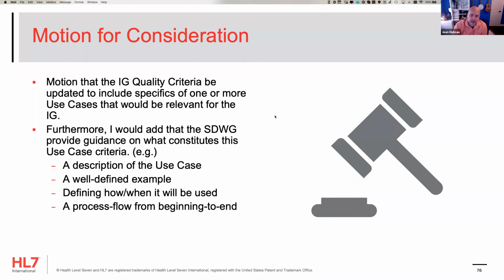So having that in the CDA implementation guides, as Andrew very well articulated in his presentation so far, would be quite helpful to people to understand what this guide's about, how it gets triggered, how I'm packaging it, all of those kinds of things. So I like what you've done here, Andrew.